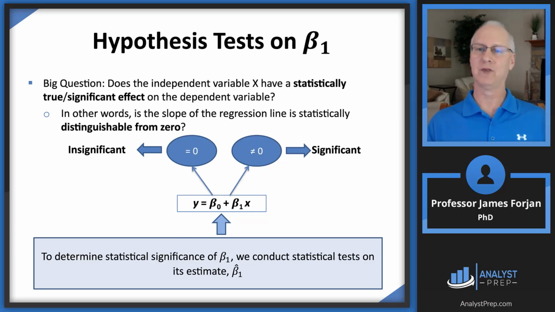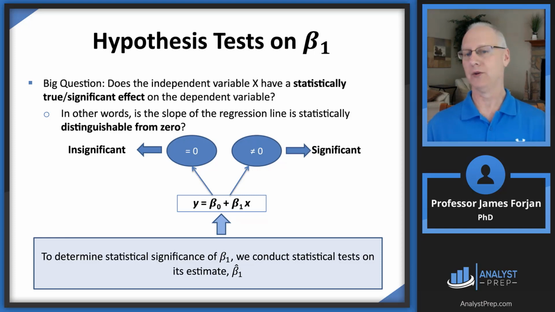But if I'm going to do interest rates and changes in GDP, I'm going to get an estimate for beta 1. I need to know if it's statistically significant. Now, what we say is that if that slope coefficient is equal to 0, then it's insignificant. And that should make perfect sense because, let's think about it. If the slope is 0, that must mean that X, like interest rates or snow shoveling, has no impact on my children's German grades or changes in GDP.